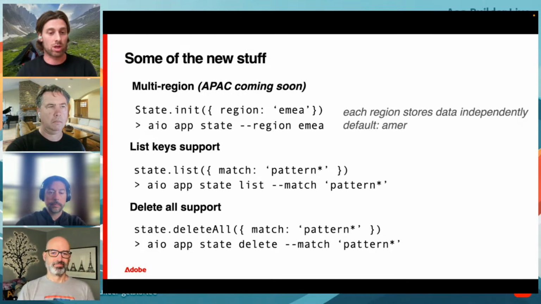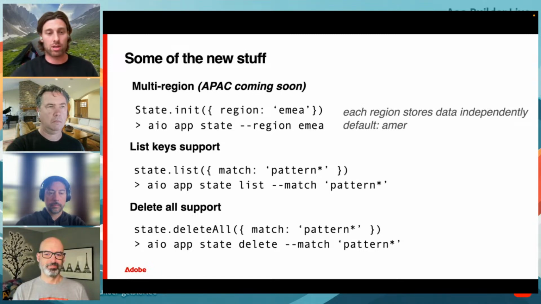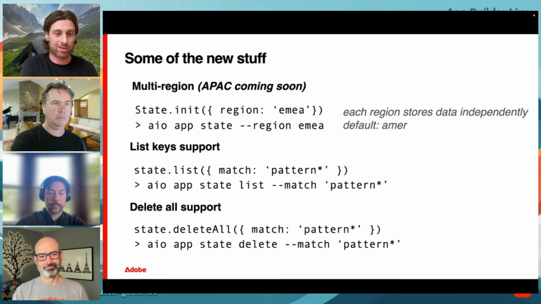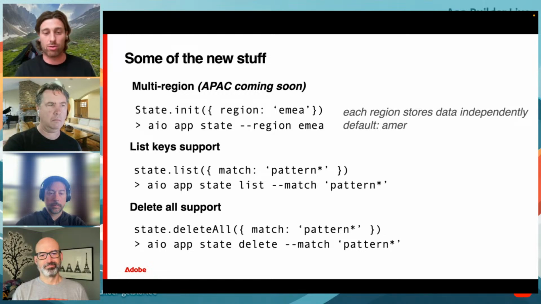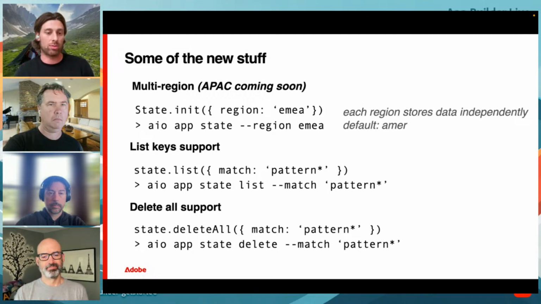For example, you could store some data with a prefix, store some other data with a different prefix, and then list all the data for one prefix, and then delete it all without impacting the rest of the data. And so this is a way to step in the direction of being able to sub-organize your data within one application.